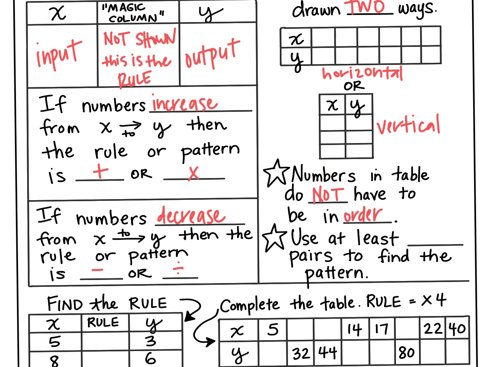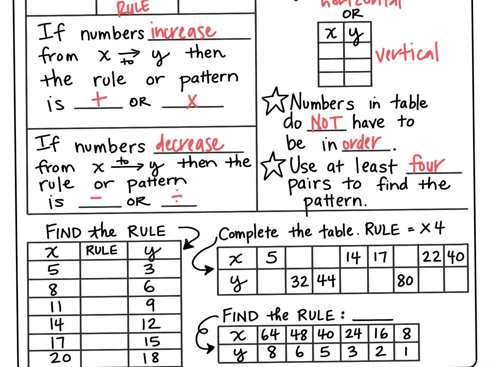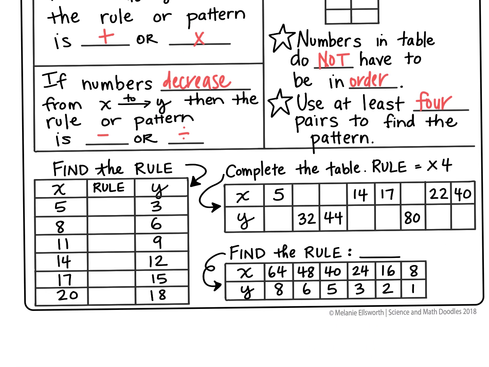Sometimes you'll see like 1, 3, 7, and it just gives you some of the values, okay? We are going to use at least 4 pairs to find the pattern when we practice today. So we see some tables at the bottom. We have 2 different types, a vertical and a horizontal.